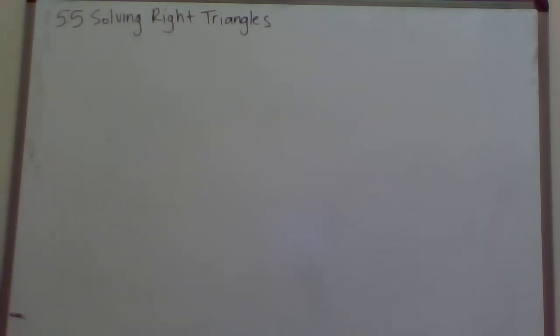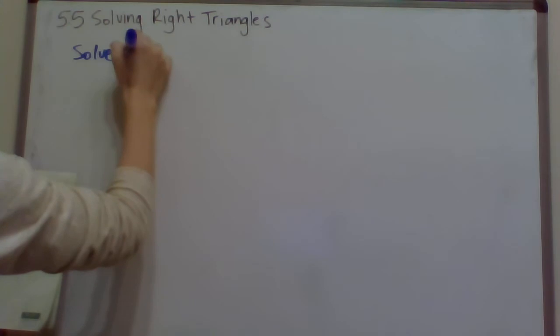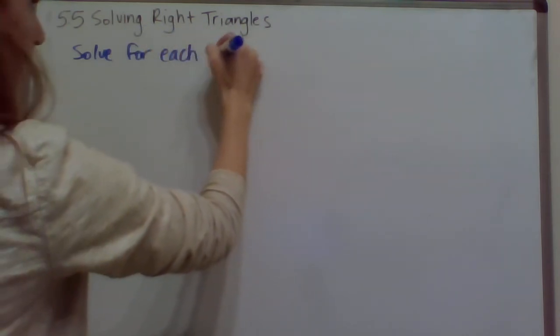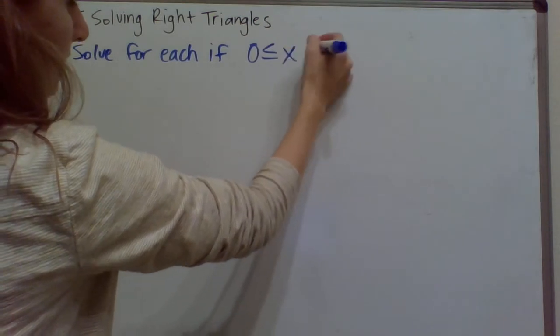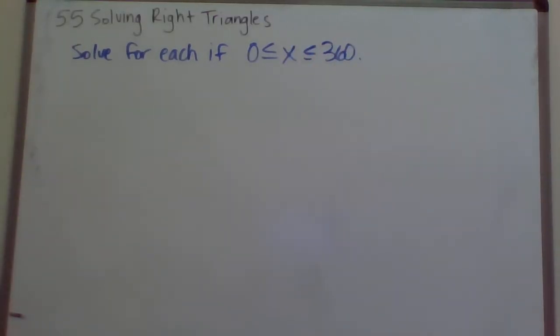So examples that you're going to see, first of all, if we bring in the unit circle, you might get something that says to solve for each x if 0 is less than or equal to x is less than or equal to 360. So I want my angle to be on the unit circle between 0 and 360 degrees.